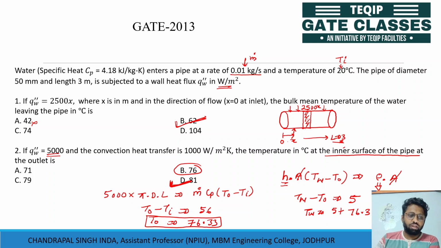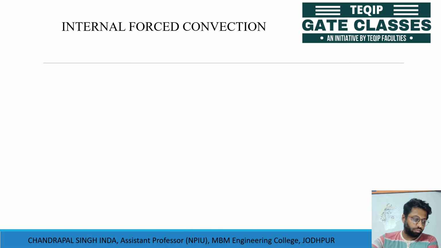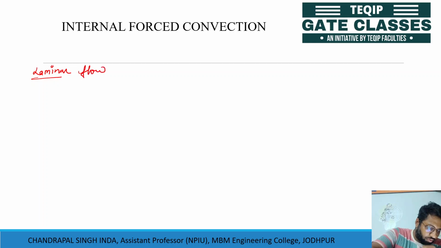So let's find the relationship between the Nusselt number, Reynolds number and Prandtl number for internal forced convection. First we will have laminar flow.